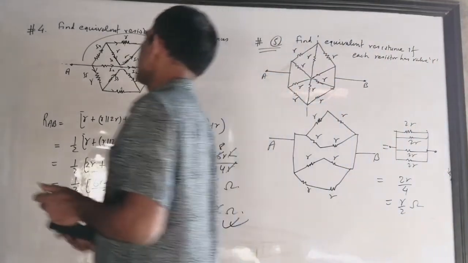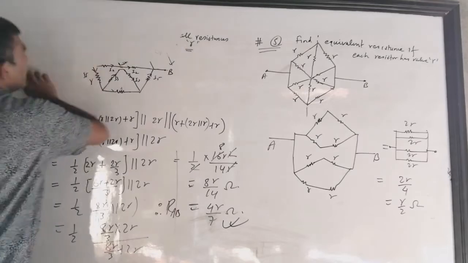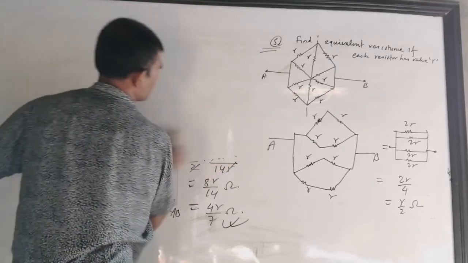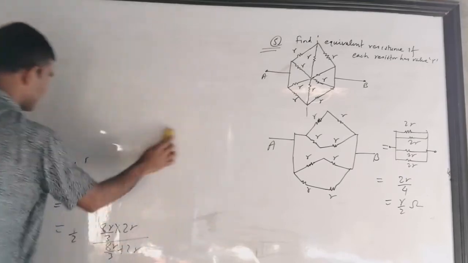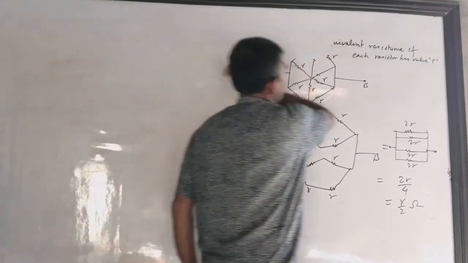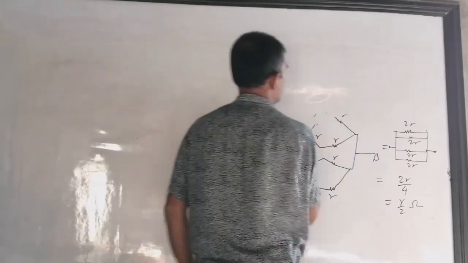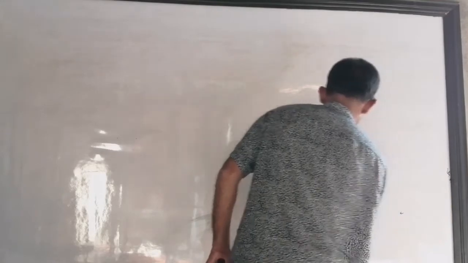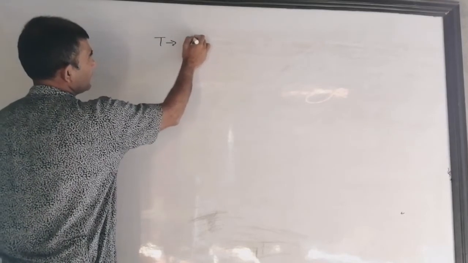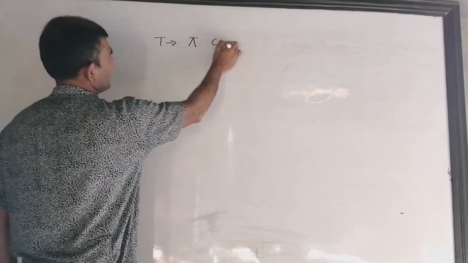Okay, so next, the last question we will do today, and that's the Brahmastra. Do you know the meaning of Brahmastra? It means something that can solve the most difficult problem. That trick is not at your level, but I think you are genius students and you can learn anything I teach you. So that technique is one trick I am telling you, the T to pi conversion.